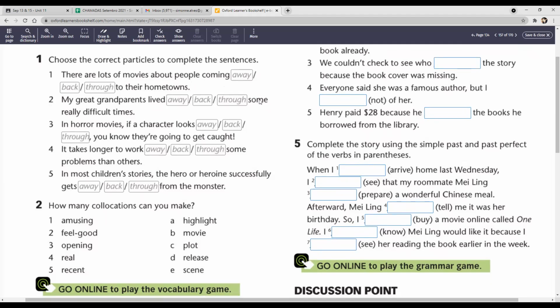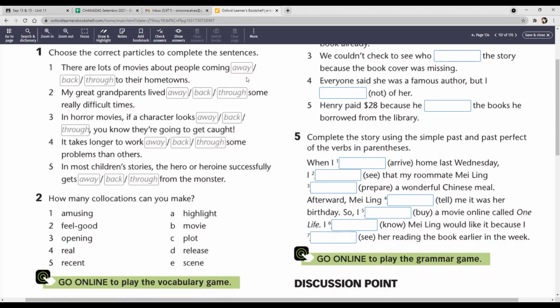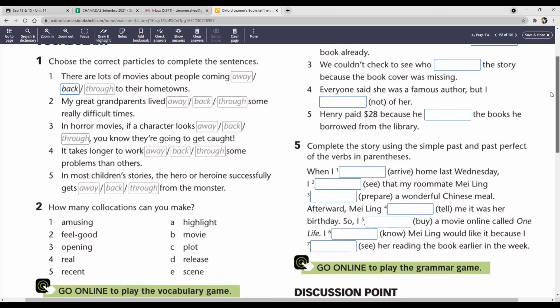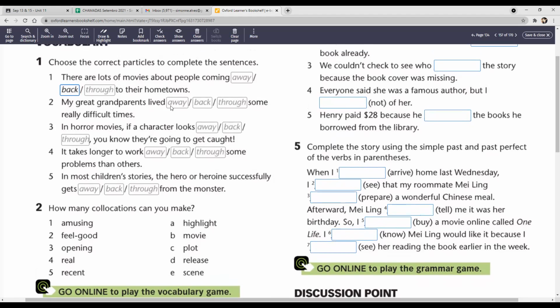Which one is the best particle, guys, to complete this verb? Lots of movies about people coming away, coming back. Yeah, coming back to their hometowns. Yes, it makes more sense, right? Okay, now try to do the same with the other sentences. Numbers 2, 3, 4, and 5, and then we correct, okay?